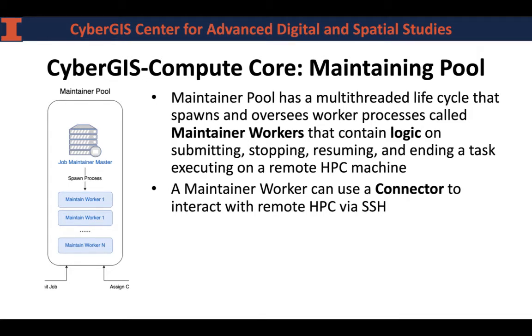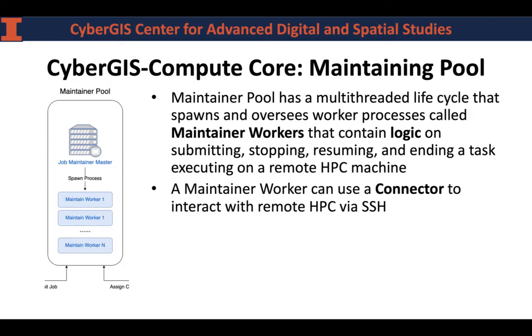Of course, each maintainer has to talk to HPC. Since this is providing access to potentially hundreds of users, if you have hundreds of jobs being submitted, we don't want every maintainer to go out to HPC, making SSH connections and trying to submit jobs and query jobs. That would be really inefficient and not scalable.